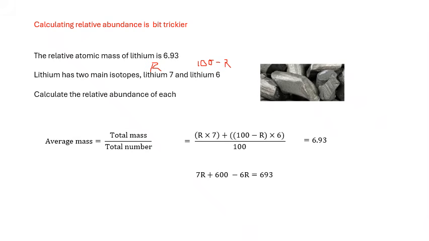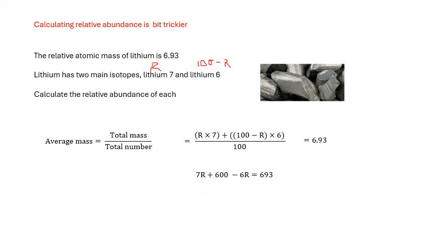So work out the top. So 7 times R, so that's 7R. Multiply out the bracket, so 6 times 100 is 600, minus 6R, and then the 100, I brought that up to the right hand side, so my 6.93 becomes 693.